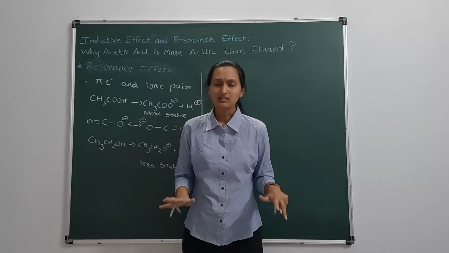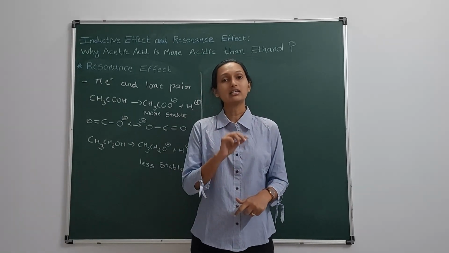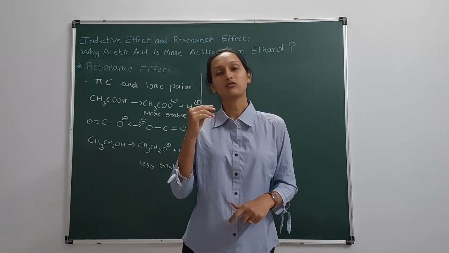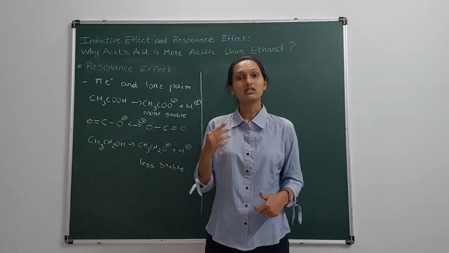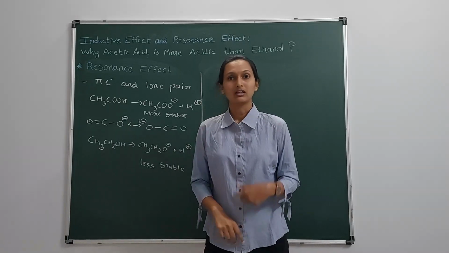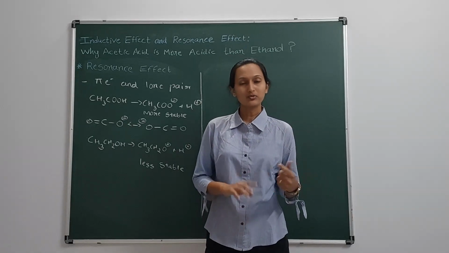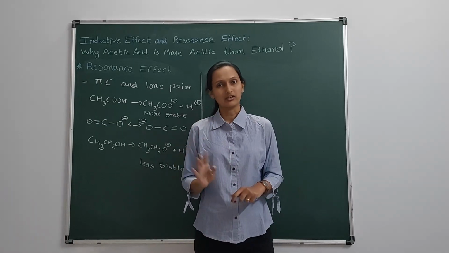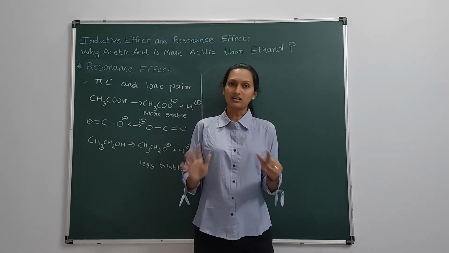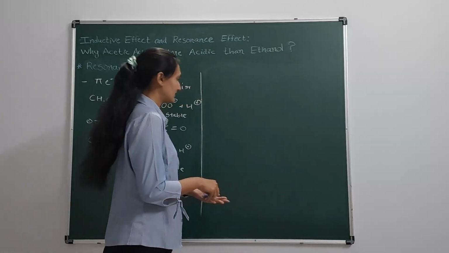So the final summary is: inductive effect is a displacement of electrons through sigma bond, while resonance involves delocalization of pi electrons. Electron withdrawing groups show minus I effect, while electron donating groups show plus I effect. So let's solve the final question of this class.